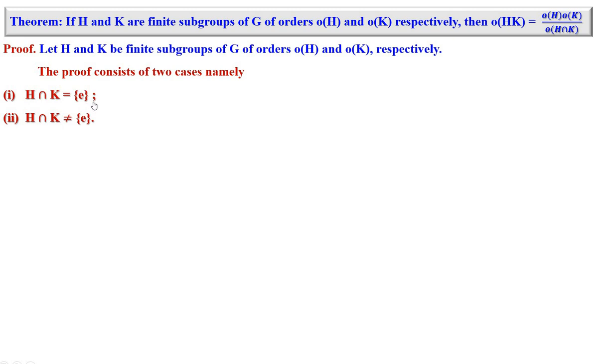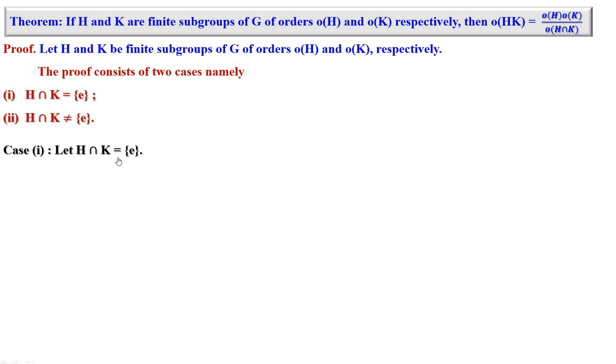So, in this case, we will prove that there is no repetition, which is the same as saying each element occurs only once. And in the second case, depending on the order, so many times the element is repeated. So the same thing theoretically is what we are going to conclude. So for that only we are discussing these two cases: H intersection K is singleton e, and H intersection K is different from the identity element.